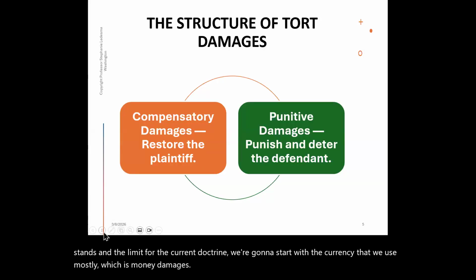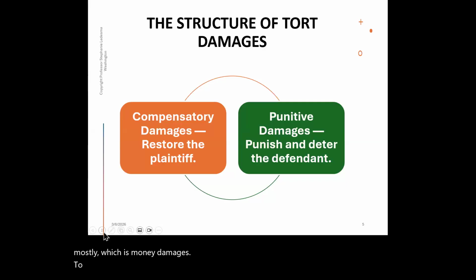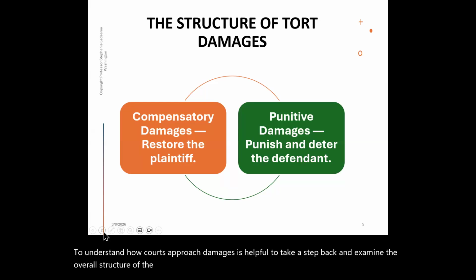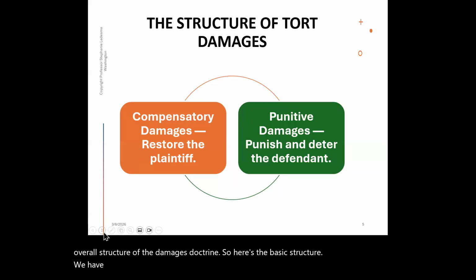To understand how courts approach damages, it's helpful to take a step back and examine the overall structure of the damages doctrine. So here's the basic structure. We have compensatory damages and we have punitive damages.